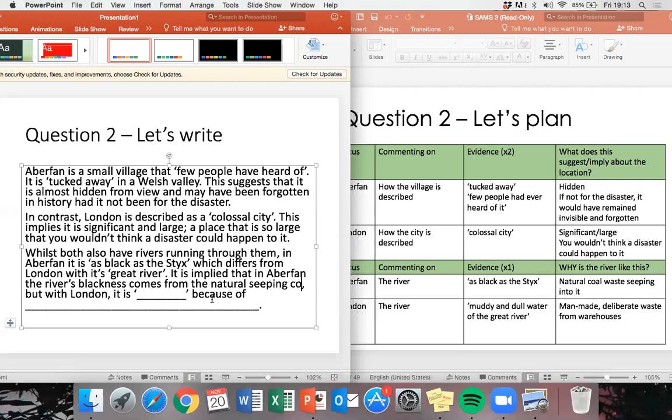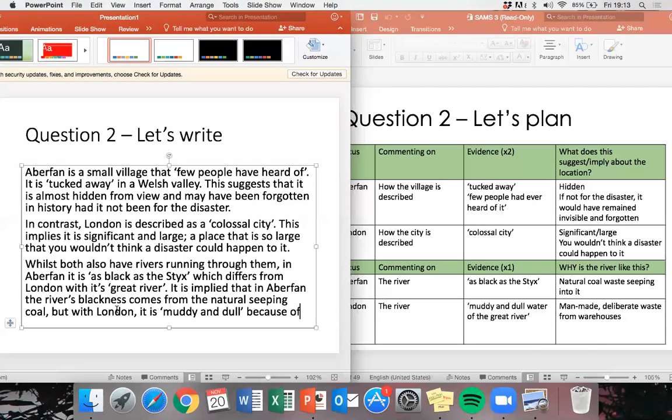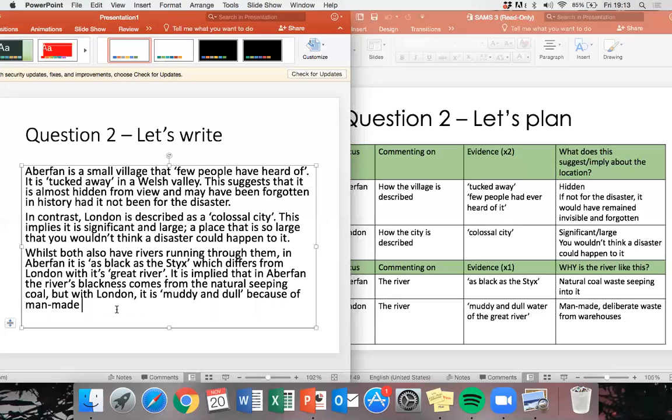All right, if the source describes it, sometimes it's useful to use it. It is muddy and dull because of, and again, look over to the table here, the right hand side, because of the man-made deliberate waste from the warehouses. All right, and I'm going to phrase that as such. Because of man-made waste from the many warehouses along its, that's the river's length.